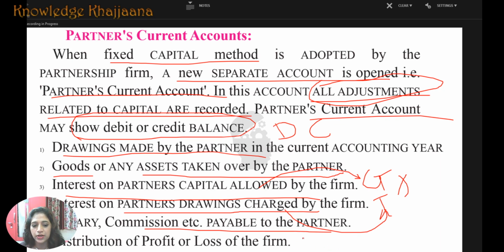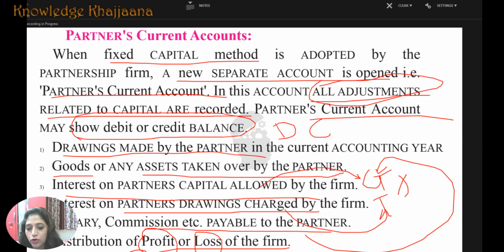Again, the same distribution of profit and loss. For loss it is different and for profit it is different. Profit is given and loss is always adjusted. Remember the verb: loss is always adjusted and profit is apportioned, distributed.